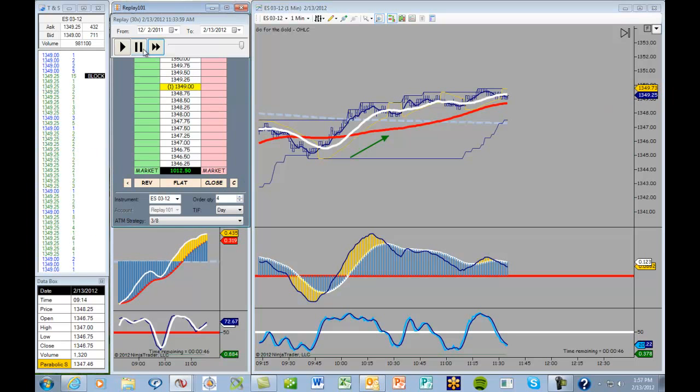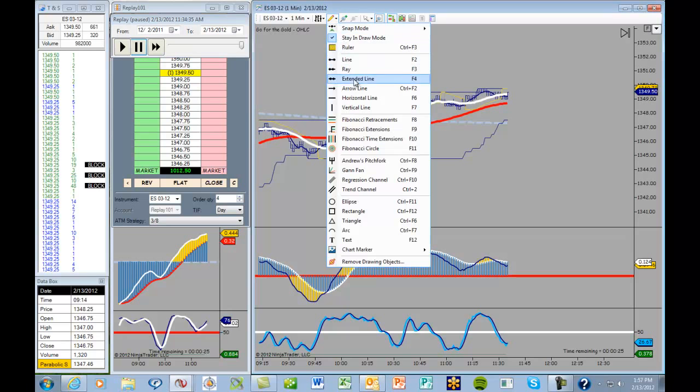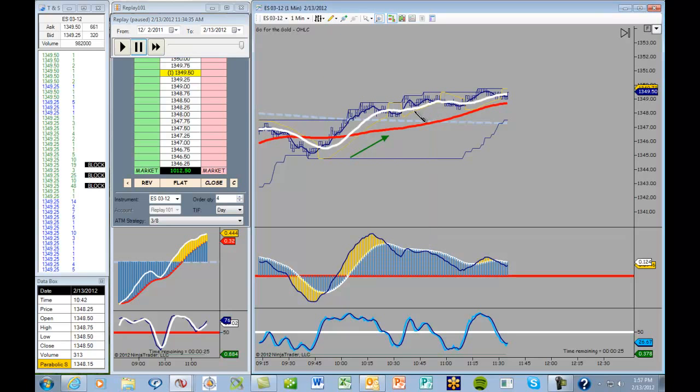So let's freeze it again and draw our trade. Now let's see, we got in over here and had to get over to here before we were stopped out. But we did pick up our first target.